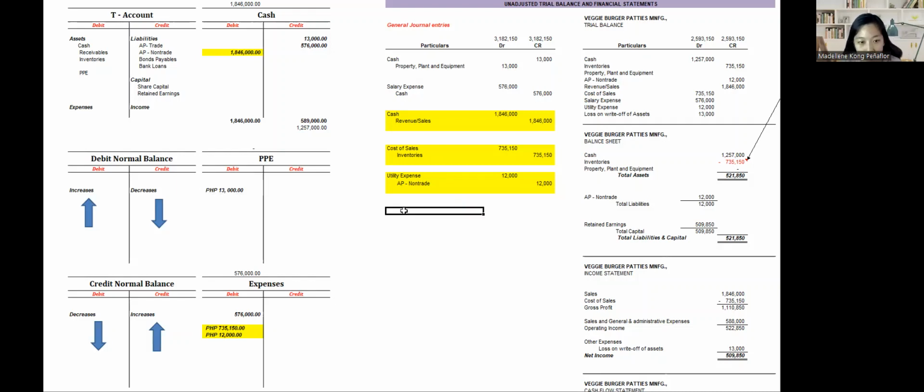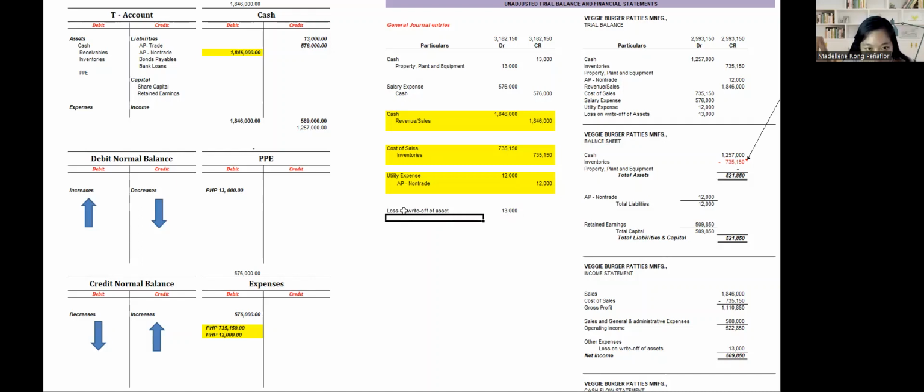So the entry would be debit loss on write-off of asset, 13,000. This is an expense account, so 13,000.